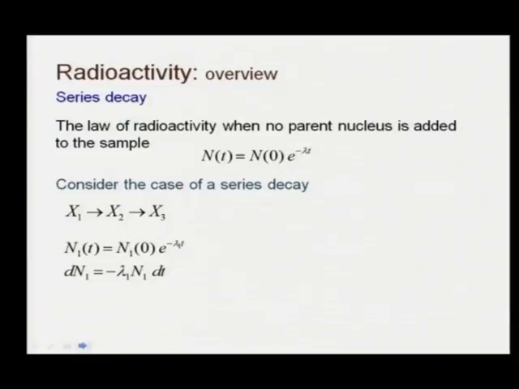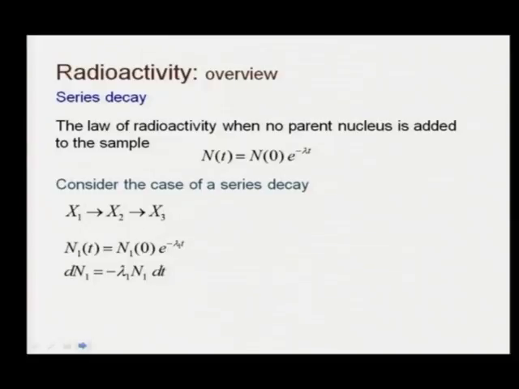This is true as long as no parent nuclei are added to the sample. If you add more particles to it, then the number of particles present at a time t will not be this. So, let us look at such a situation.